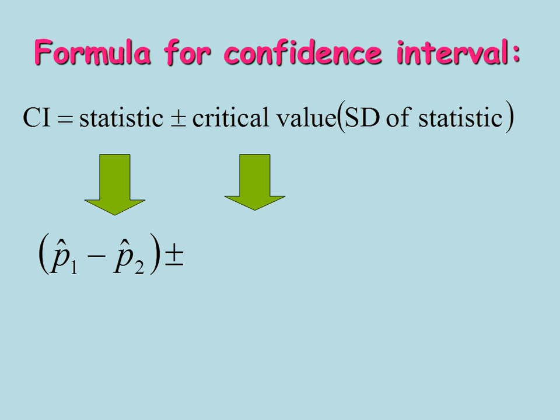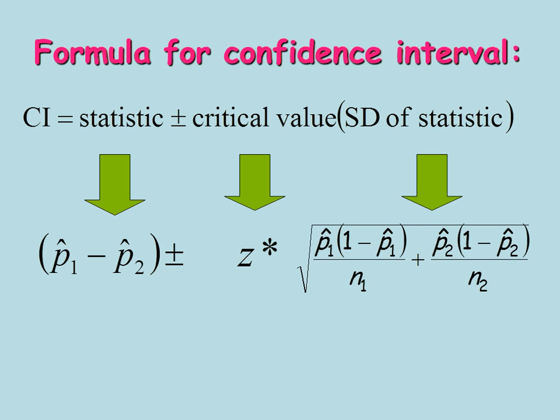Now, your critical value, again, from chapter 20 and chapter 19 are the same. So you have like a 95% confidence interval, or a confidence level, or a 98, etc. So here's our Z star. And then our standard deviation of the statistic, and this is somewhat new.